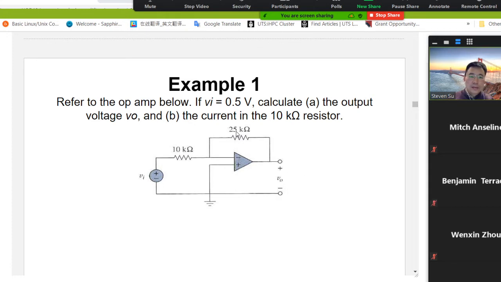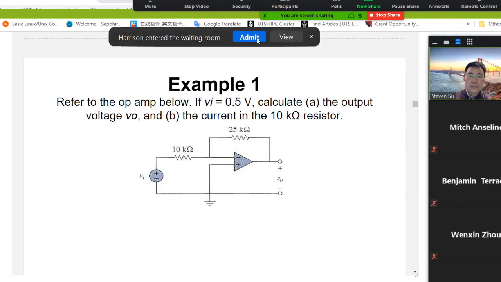It's 25 divided by 10, right? And then if Vi equals 0.5, what's Vo? It's Vi times the input times minus 2.5, right? So in that case, it's around 1.25.